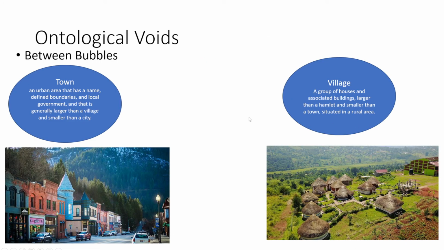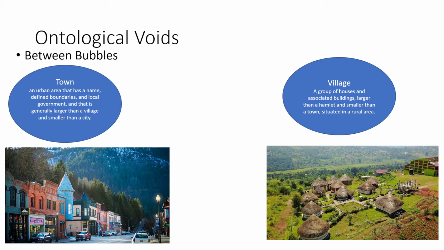Another ontological void is typically, I looked this up, if you Google town, it's defined as an urban area that has a name, defined boundaries, local government, etc. And a village is a group of houses and associated buildings larger than a hamlet and smaller than a town, situated in a rural area. It's kind of interesting. There's not much in between here.